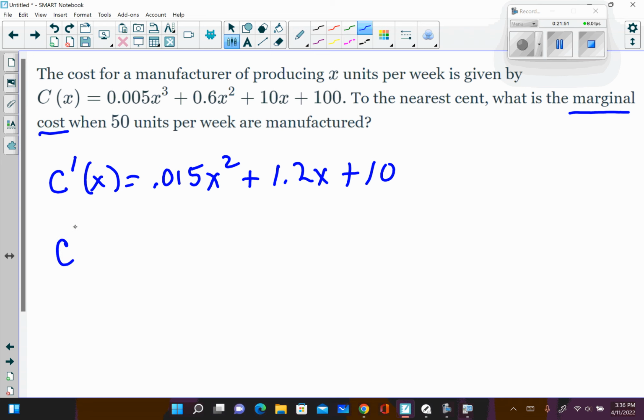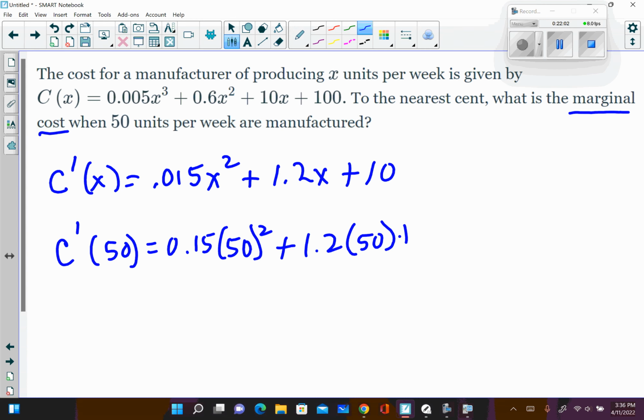The marginal cost, that means C prime, when x is 50, is 0.015 times 50 squared plus 1.2 times 50 plus 10. Putting that in the calculator, 0.015 times 50 squared plus 1.2 times 50 plus 10.